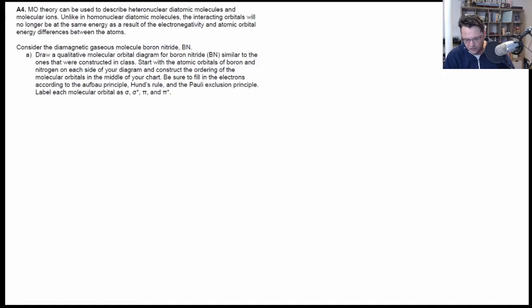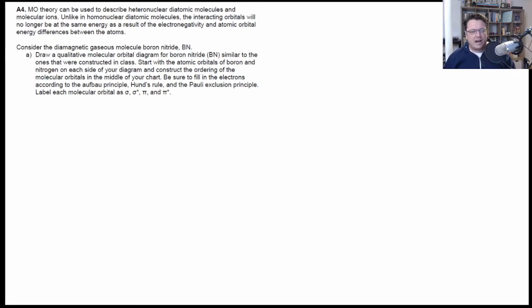So boron and nitrogen. Now, the thing to think about when you're drawing a heteronuclear diatomic MO diagram is that the energetic location of the s orbitals and the p orbitals is going to correlate pretty closely with the electronegativity, or where they are within the periodic table.